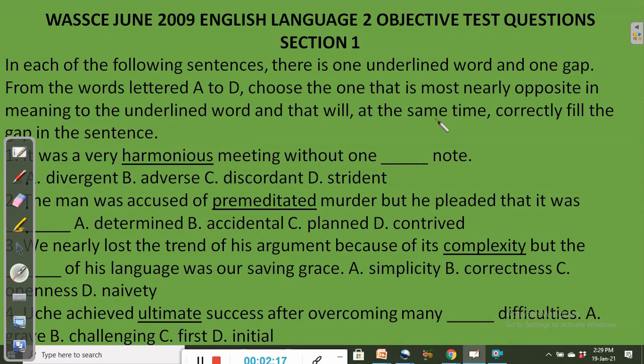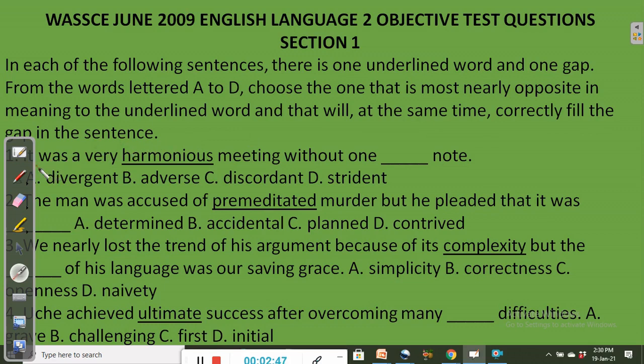So we are not just concerned with antonyms, but contextual antonyms. Antonyms in the manner in which the word has been used in the context. Because it said that this word, which is the antonym of the given word, will at the same time correctly fill the gap in the sentence. So we take note of this.